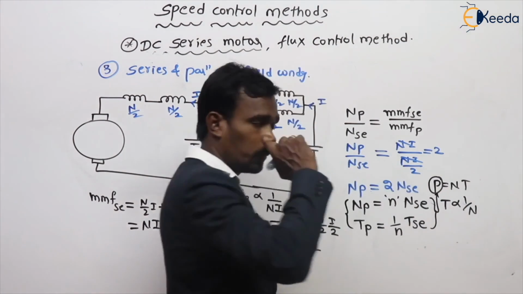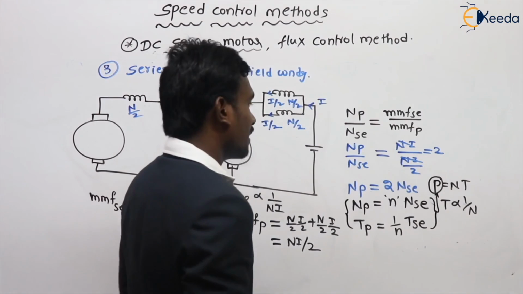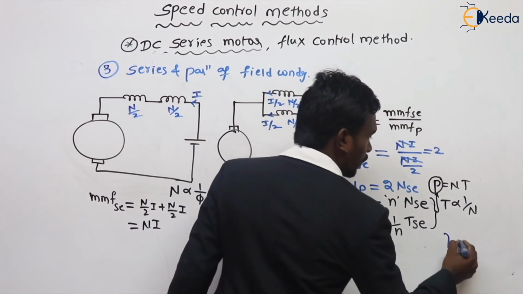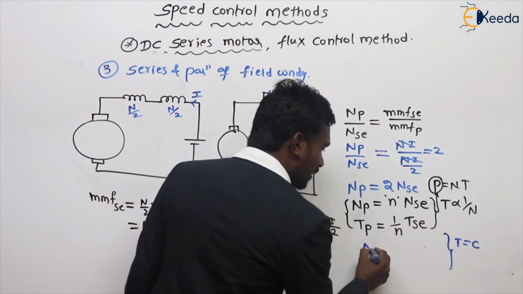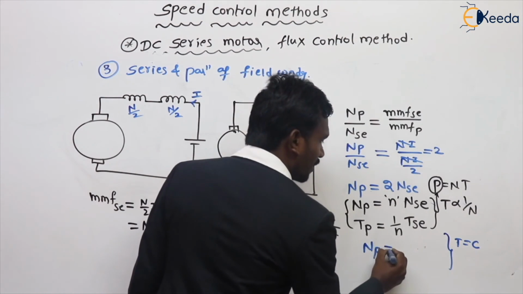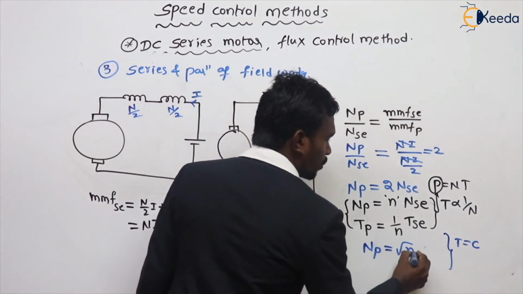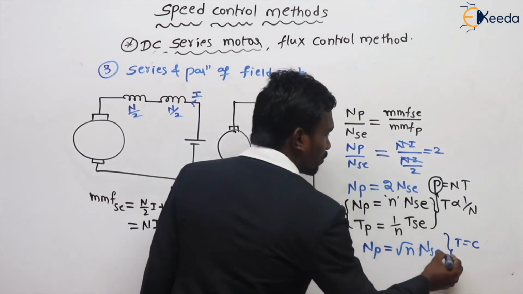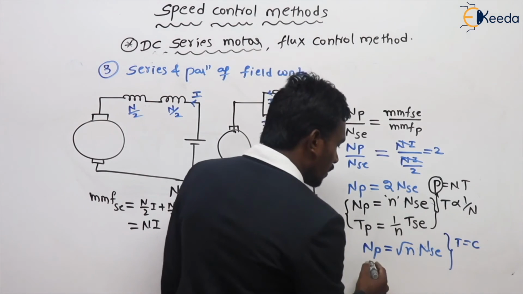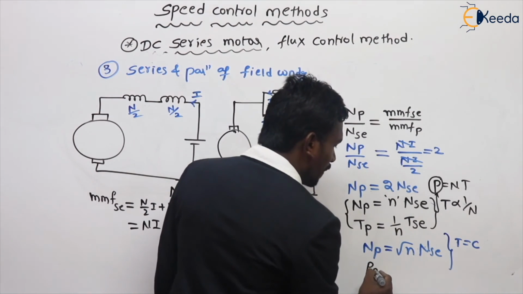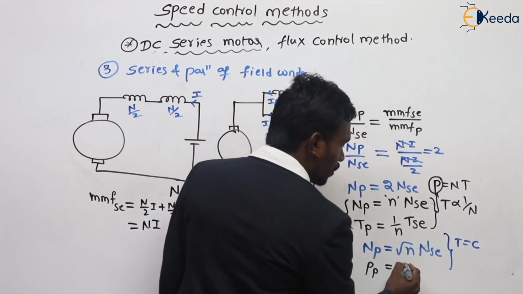This is for constant power drive. If you maintain constant torque, then this is completely changed. The speed in parallel connection is equal to root n times the speed in series connection, and the power in parallel connection is equal to, what is that?